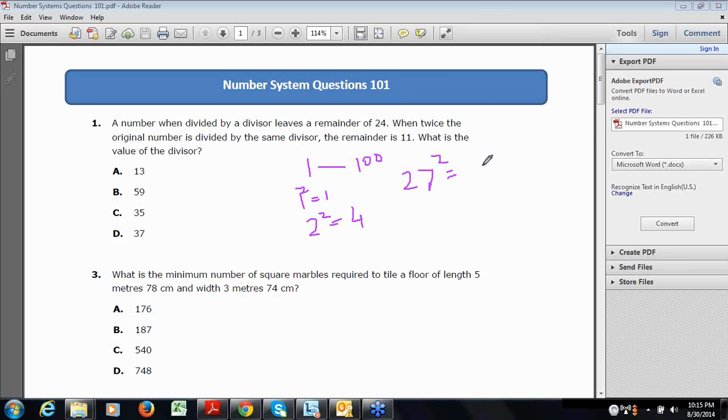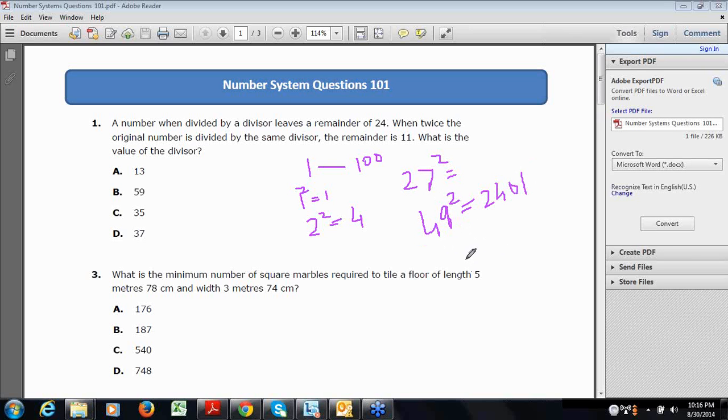There's a trick to calculate the square of a 2-digit number. 49 square will be what? 2401. How did I calculate? It's very easy.